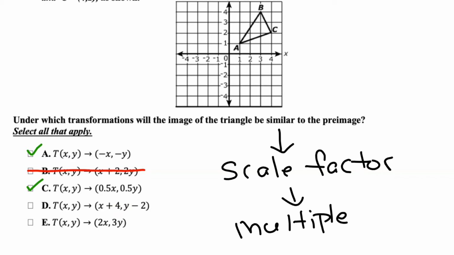So therefore, that one's out because it has to be a multiple. And then in E, I'm multiplying the x by 2 and the y by 3. So that's no good also. It has to be the same across the board. So the correct answer was only A and C.